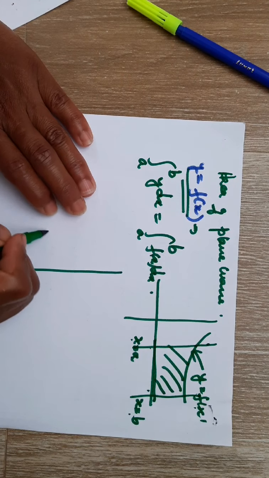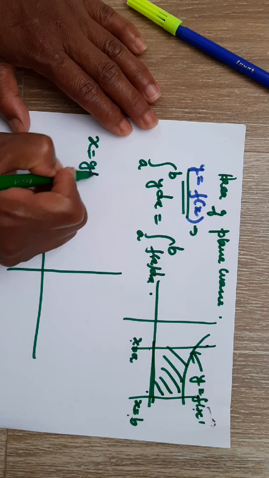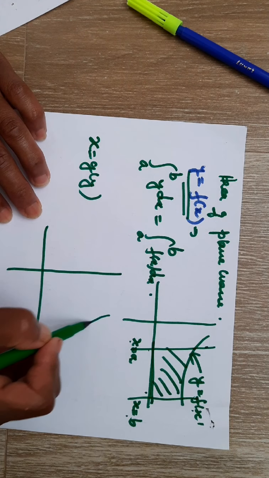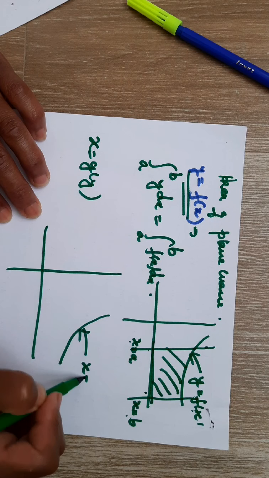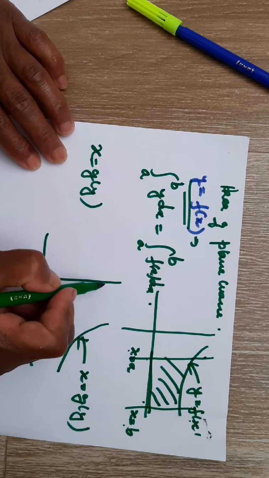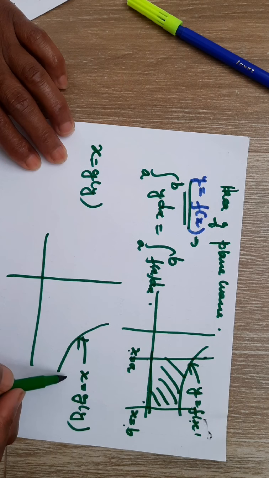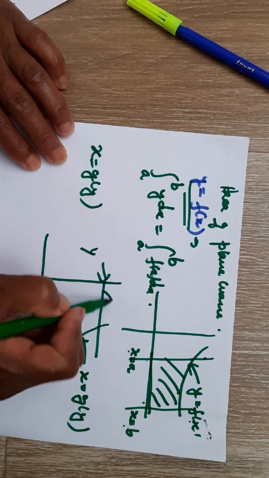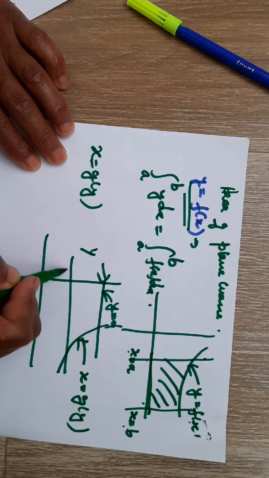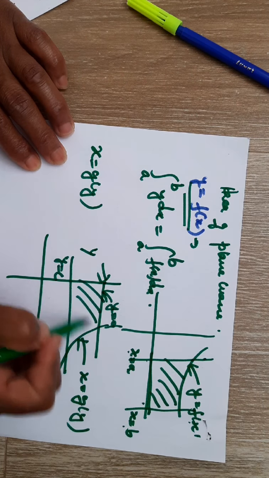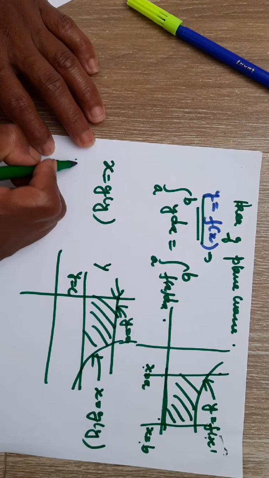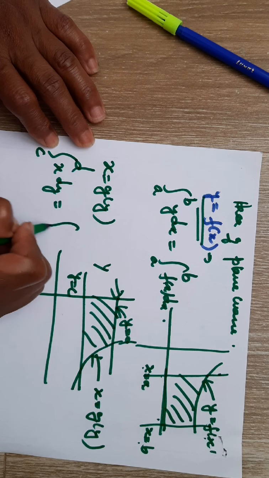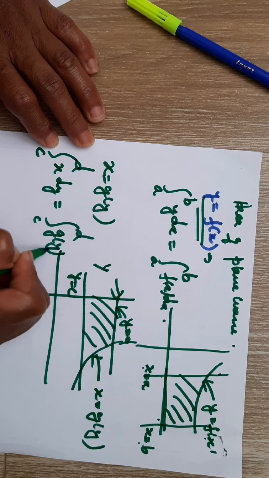Now in case of the curve x is equal to g of y, where x is expressed in terms of y, the area bounded by this curve and the y-axis between y is equal to c and y is equal to d is this region. In this case the formula will be integral c to d x dy, which is integral c to d g of y dy.